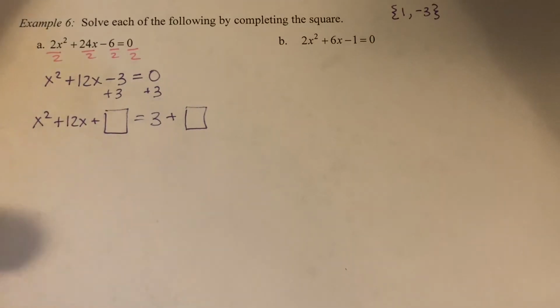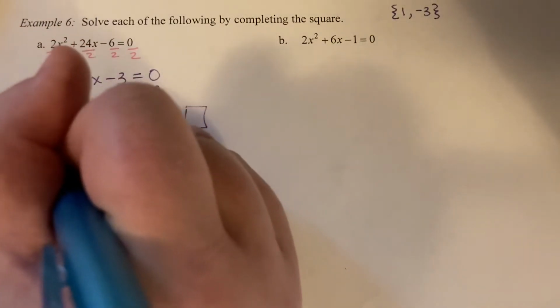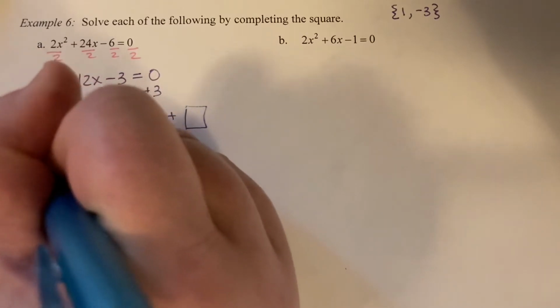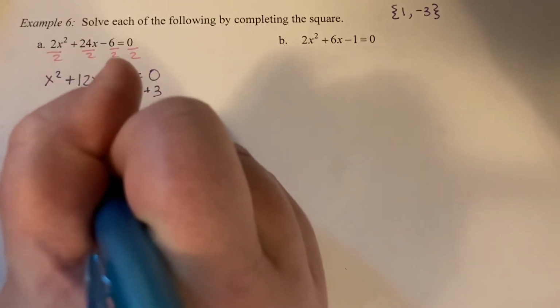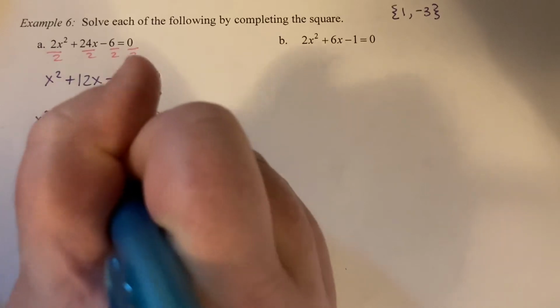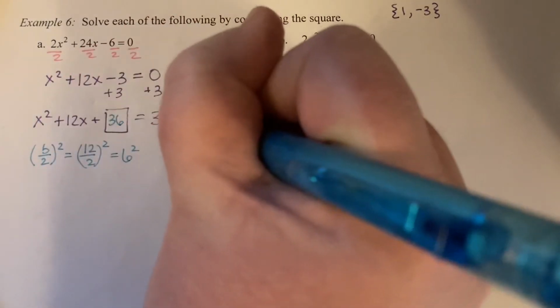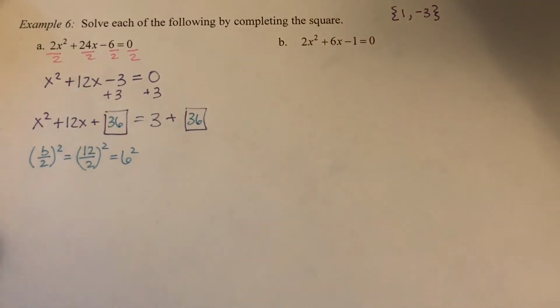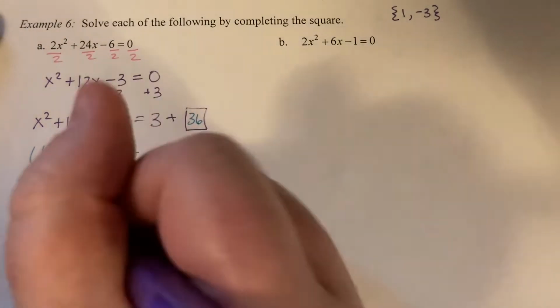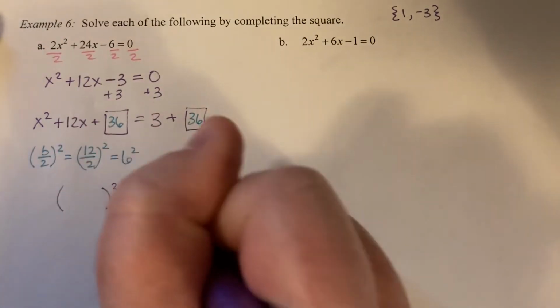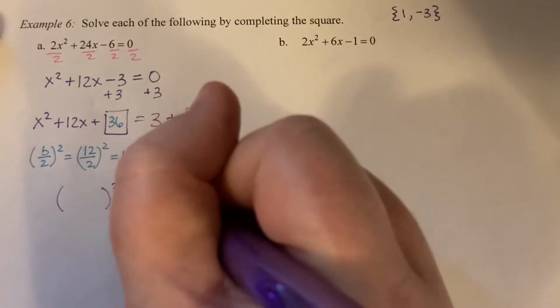To fill in that something, I need to take this b divided by 2 and then square it. 12 divided by 2 squared is 6 squared, so 36 is what needs to go in this blank. And the intention of this is to write the left side as something squared.